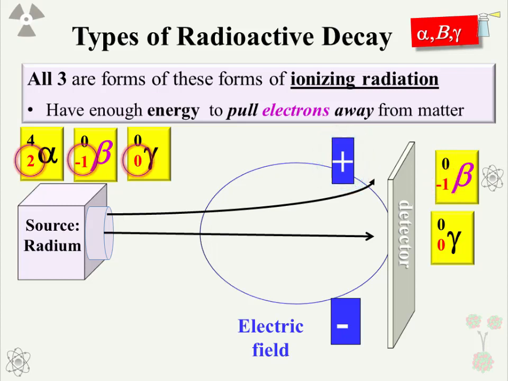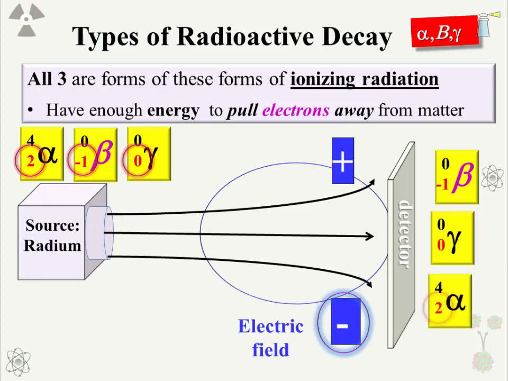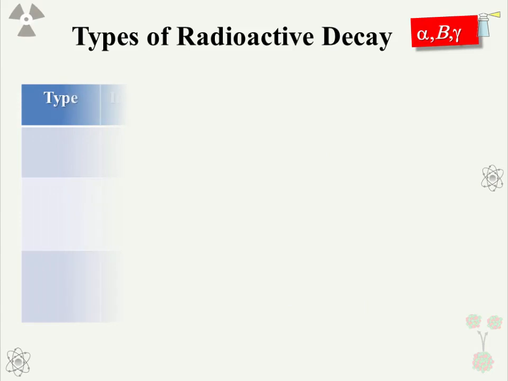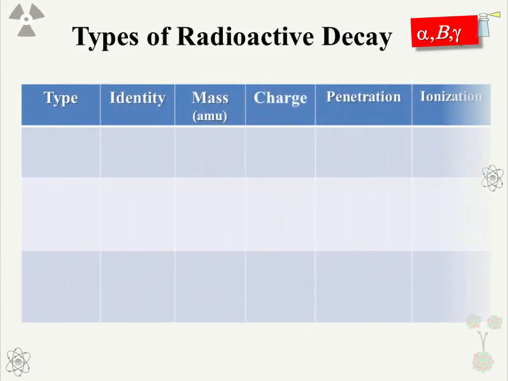A different particle has its path bent towards the negatively charged electrode. Which particle is attracted to a negative charge? The alpha particle with its +2 charge. This kind of deflection was actually used in the early days of atomic theory to figure out what the atom was really made of. Okay, putting it all together in a table.